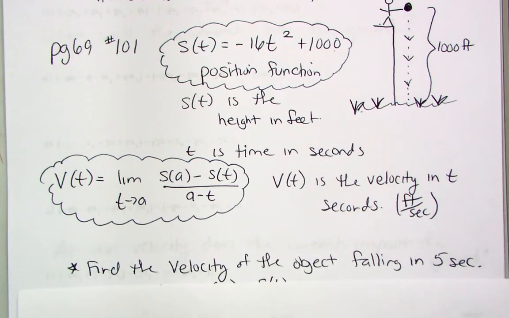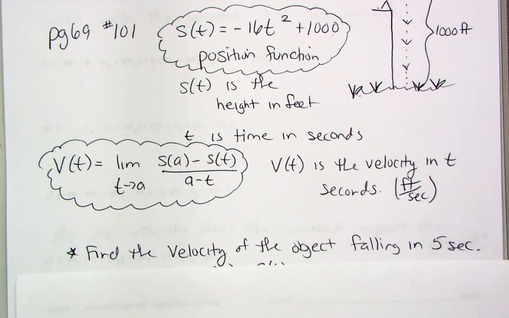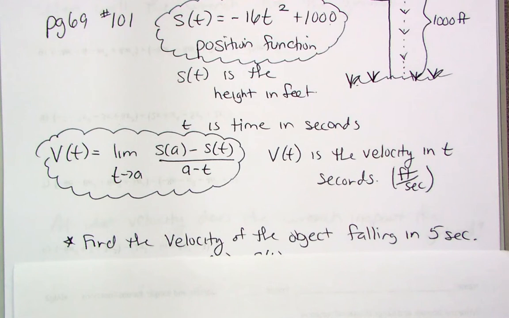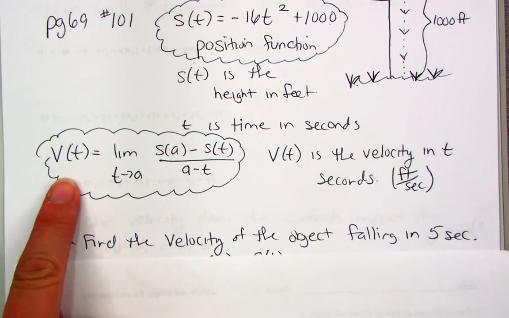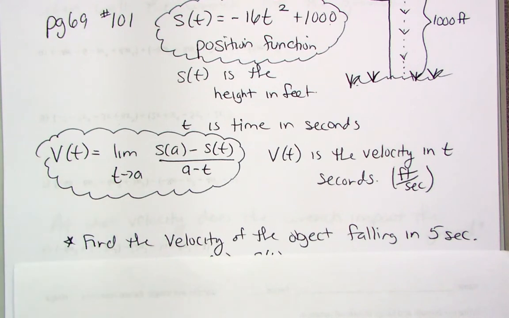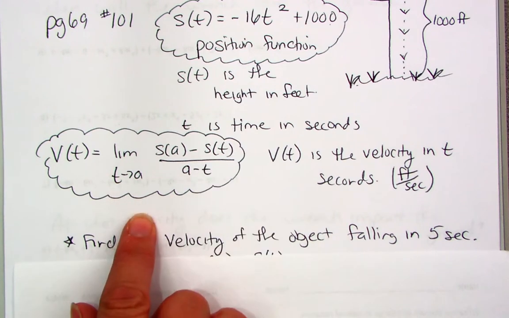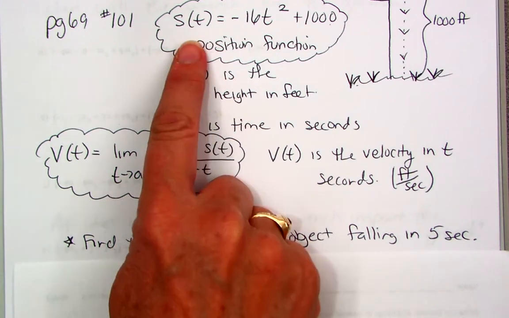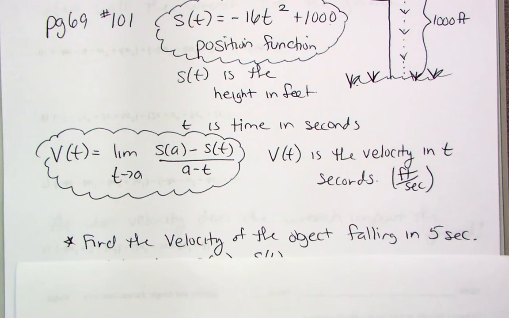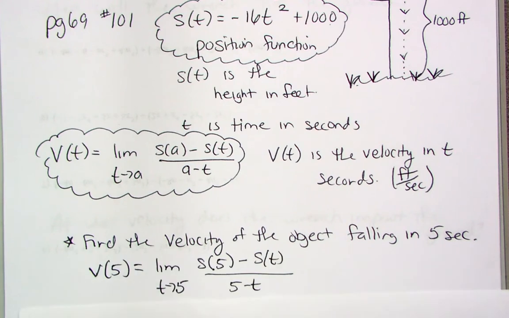So if the question posed with this information is to find the velocity of the object falling in 5 seconds, that means v of 5. We're going to use this equation. But this says S of a, so I need to use this equation too. I'll be going back and forth here.